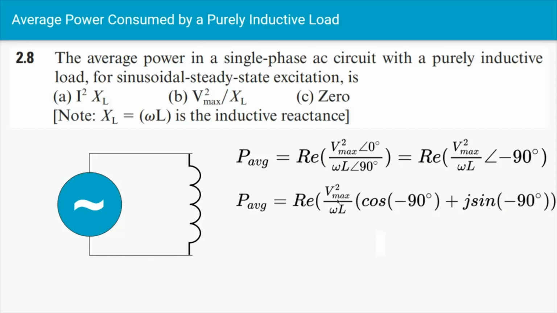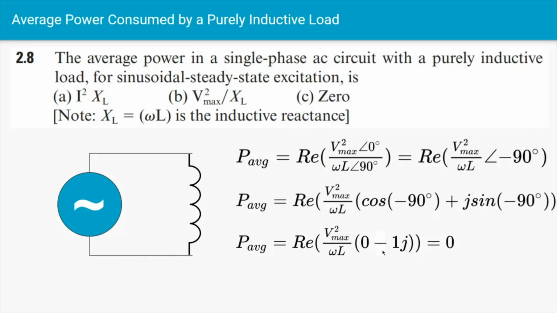Now, to simplify these terms, cosine of minus 90, if we put that in our calculator or look at it on a diagram, is going to be 0. And then sine of minus 90 is going to be minus 1, and then we keep our j there.